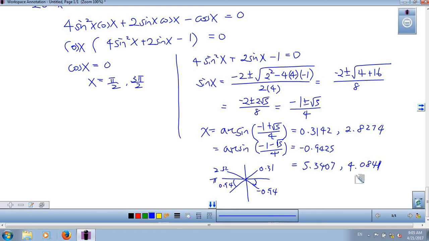Yes, so that's correct. So this is 234 degrees, this is 306 degrees, this is 18 degrees, and this should be 162 degrees. So we can verify that. There are 4 angles. Altogether, we also have 0 degrees, 90 degrees, and 270 degrees. So altogether, between 0 and 360 degrees, we have 6 solutions.